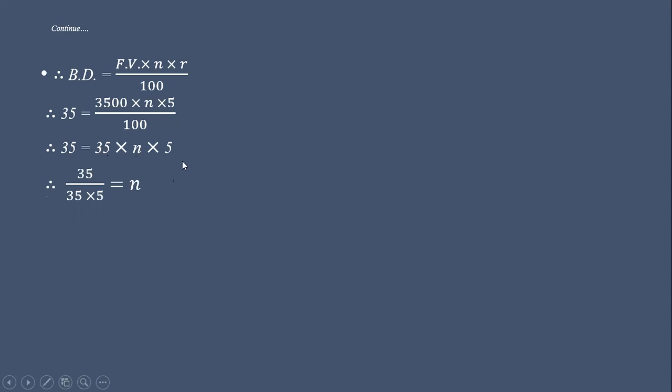Transferring 35 and 5 to LHS, 35 upon 35 into 5 is equal to N. Cancelling 35, we get N is equal to 1 upon 5 years. So we convert these years into days. N is equal to 1 upon 5 into 365, which is equal to 73 days.